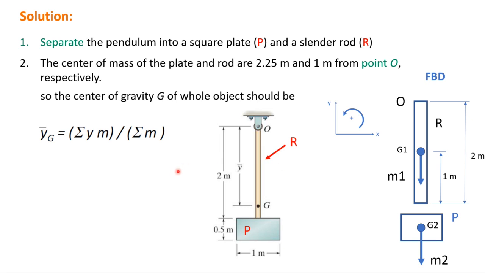In that case, 1 times 3, because the mass of the rod is 3, plus 2.25, which is from O to the point G2, multiplied by mass 2, which is 5 kilograms, and then divided by 3 plus 5, which is 8. We can find that the center of gravity, the point G that we show here, y bar, is going to be equal to 1.781 meter.